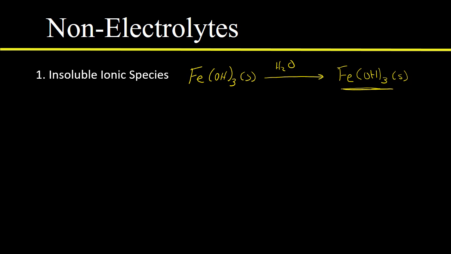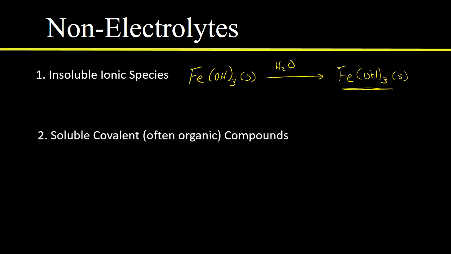Okay. The other group are things that are soluble but aren't composed of ions. So these are soluble covalent compounds, and most of these are organic compounds. So things like methanol. Methanol is a liquid. Dissolve that in water.